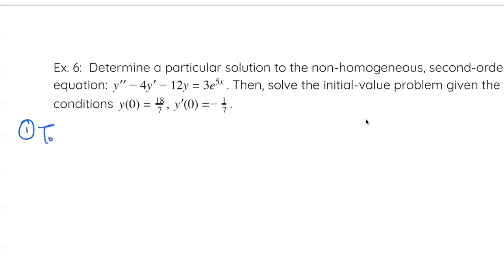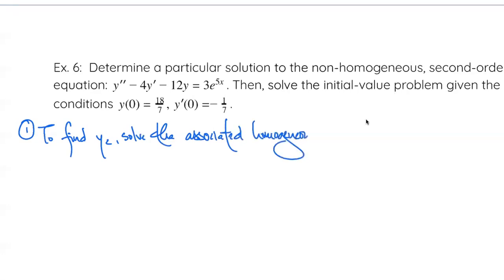So to find y sub c, we are going to solve the associated homogeneous differential equation. That is, we're going to take y double prime minus 4y prime minus 12y, and solve like it equaled 0.